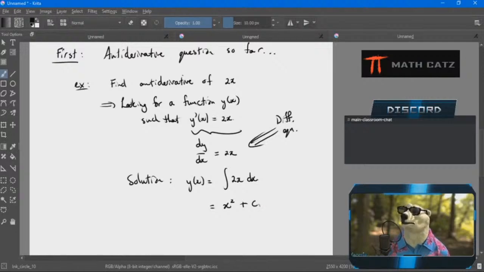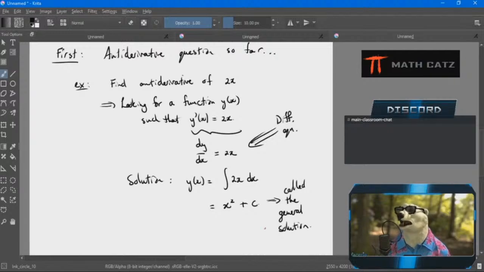So I keep it general, and I call this the general solution to this differential equation. So we've already seen differential equations. We just didn't know to look at it as a solution to an equation.